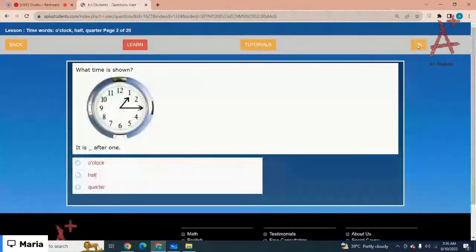Okay, what time is shown? Which is the correct option? The hour hand is pointing to 1 and the minute hand is pointing to 3, right? That means you have 15 minutes.